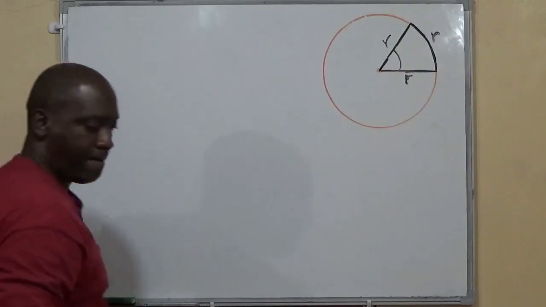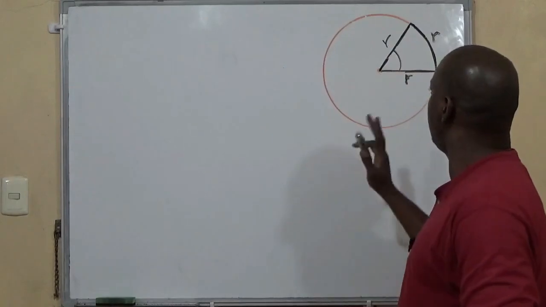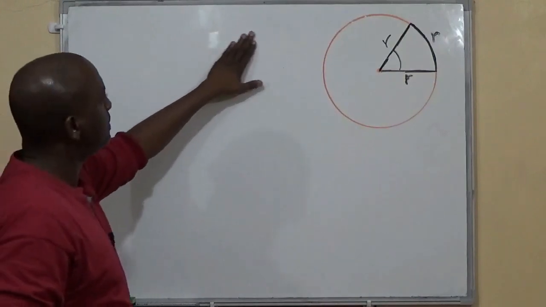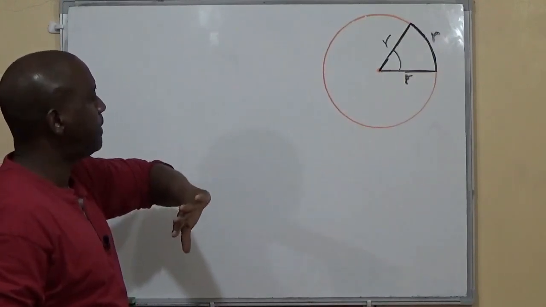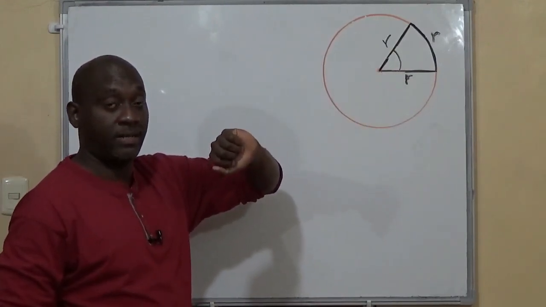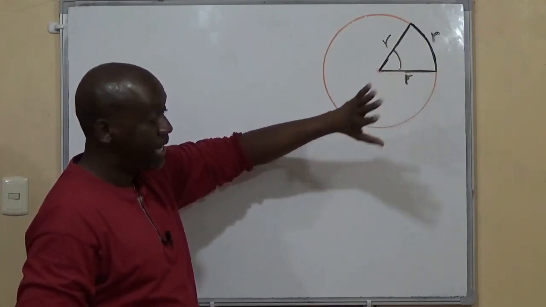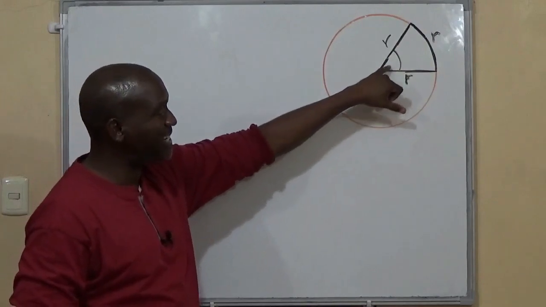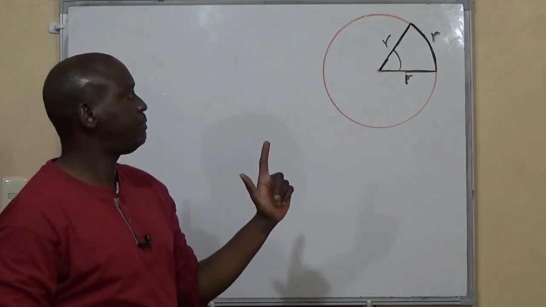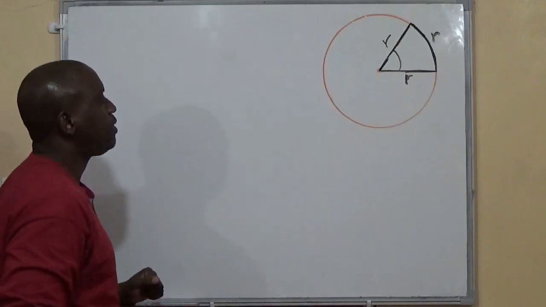So remember that the angle of a sector at the center, and when I say angle of a sector, I mean the angle subtended at the center. Wait, before I say that, there's one thing I want to mention first. In fact, no, I'll come to that because that will come out of what we're going to talk about here. Alright?